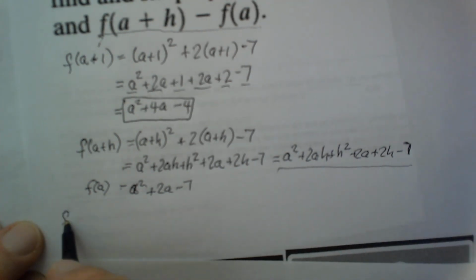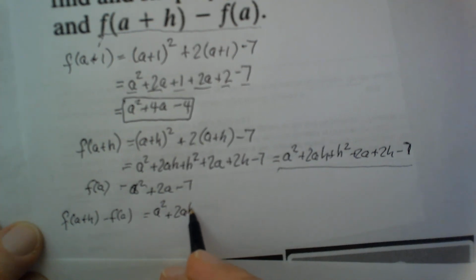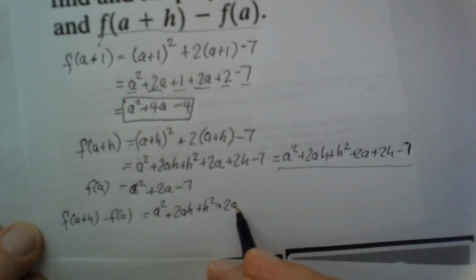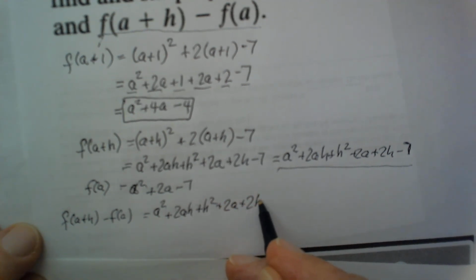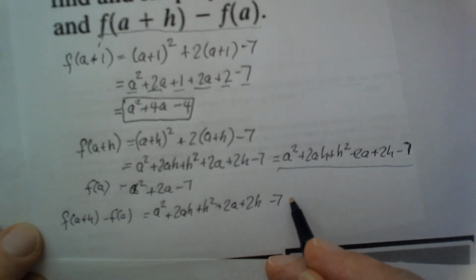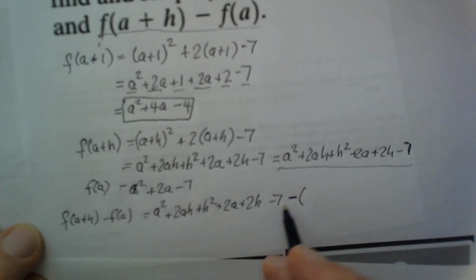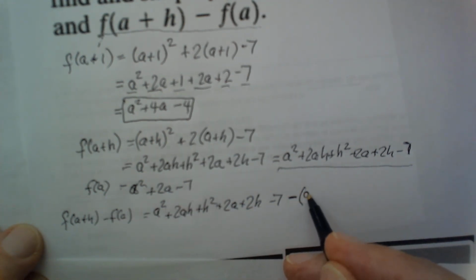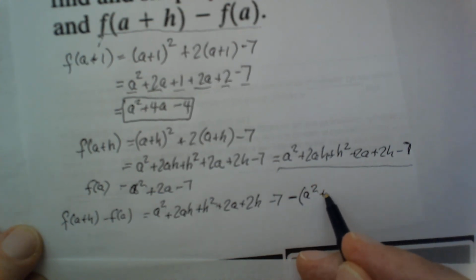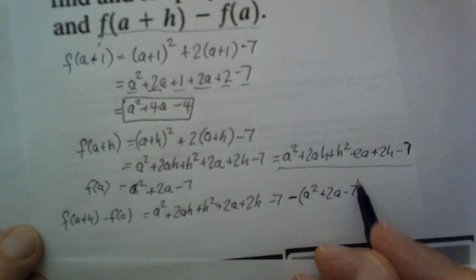So f of a plus h minus f of a is then equal to a squared plus 2 times a times h plus h squared plus 2a plus 2h minus 7, minus, so now comes f of a, and that was equal to a squared plus 2a minus 7.